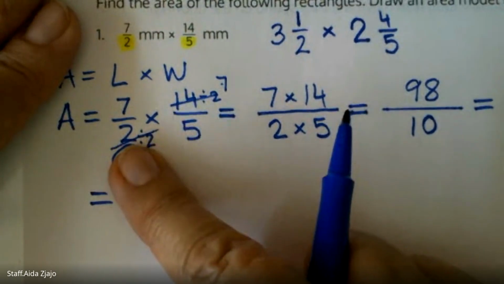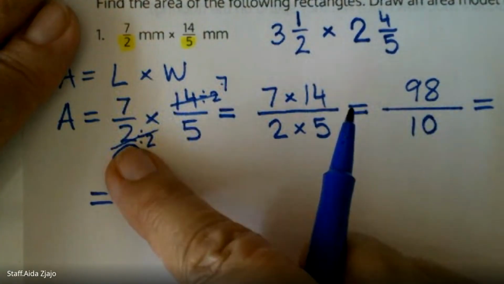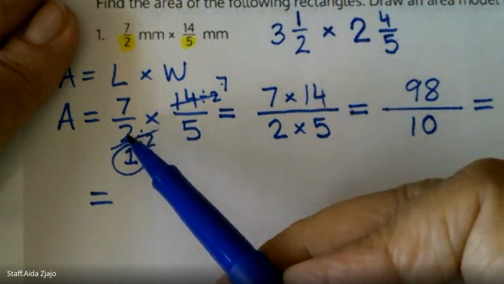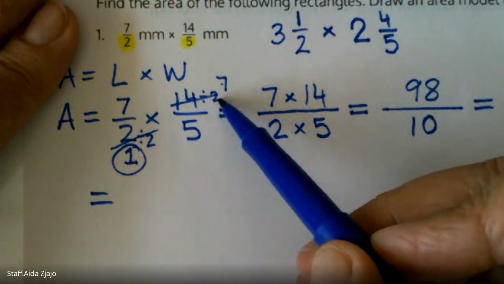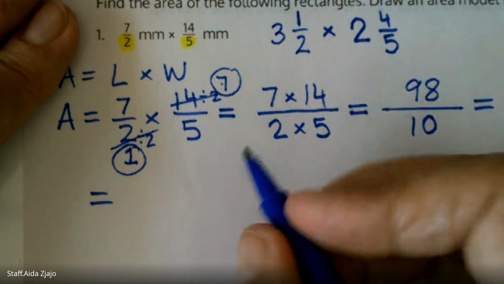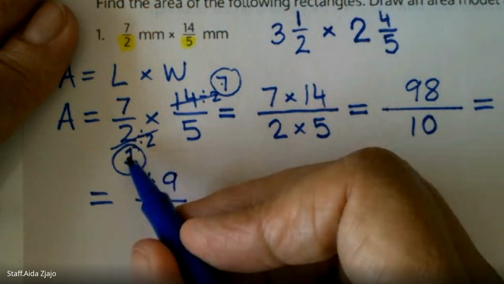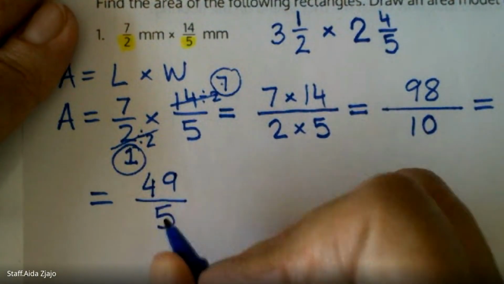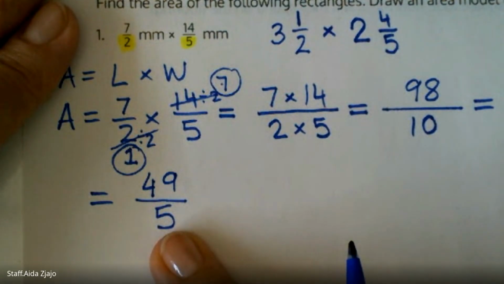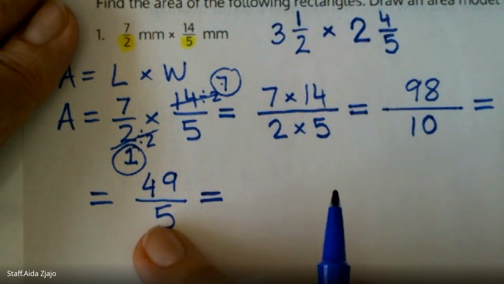Look, I saw a relationship between 2 and 14, though there is none between 7 and 5, and I was able to simplify. So 2 divided by 2 is 1, 14 divided by 2 is 7. So I will have 7 times 7 is 49, and 1 times 5 is 5. So right now I have 49/5. But it's the same thing: fifths are my wholes.